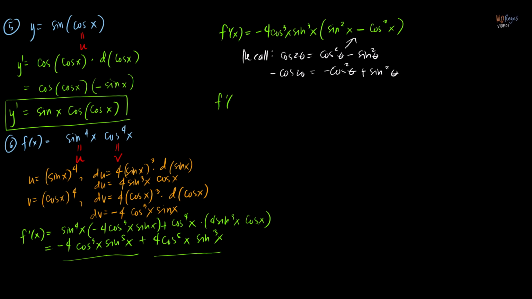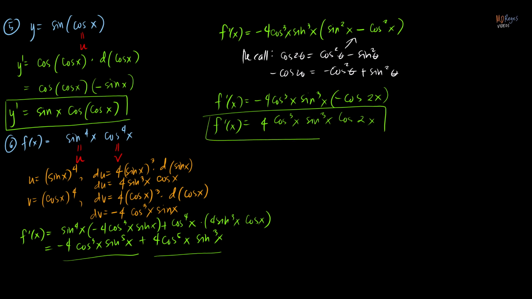So f prime of x is equal to negative 4 cosine cubed x sine cubed x times negative cosine 2x. We're using x, so 2x. Negative times a negative 4 is just a positive 4. Cosine cubed x sine cubed x cosine 2x. This is the derivative of f of x.